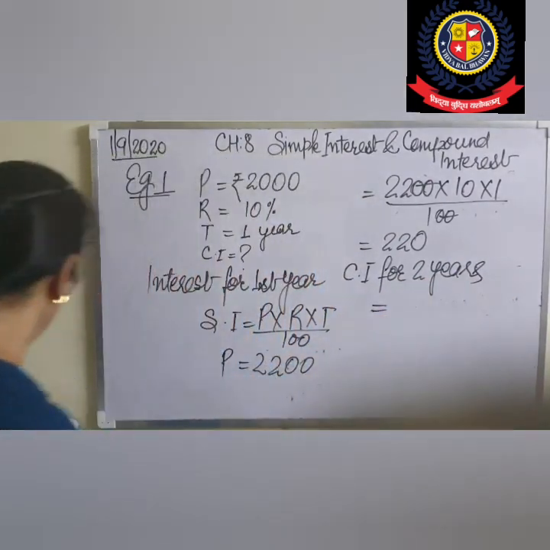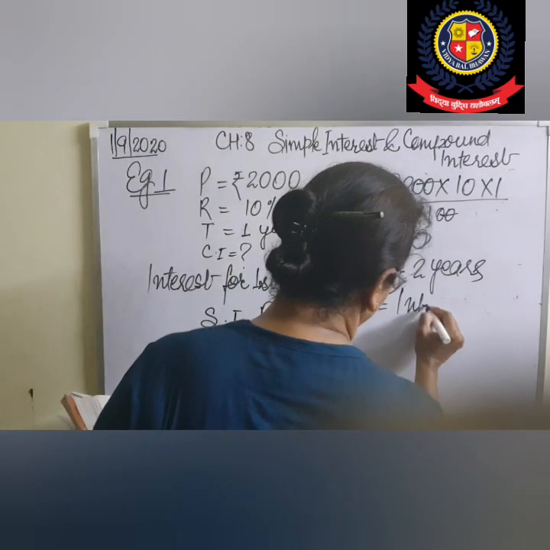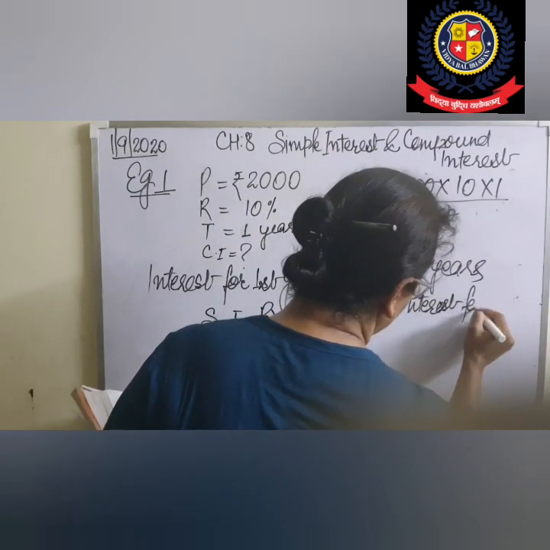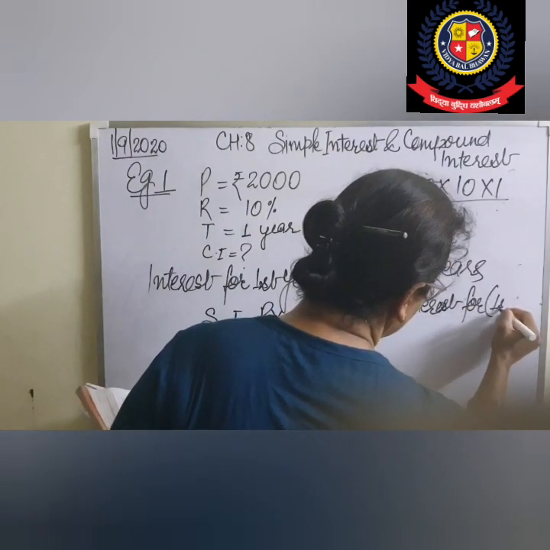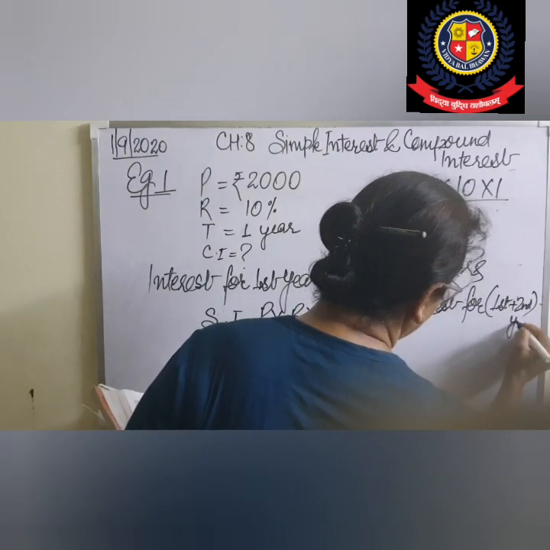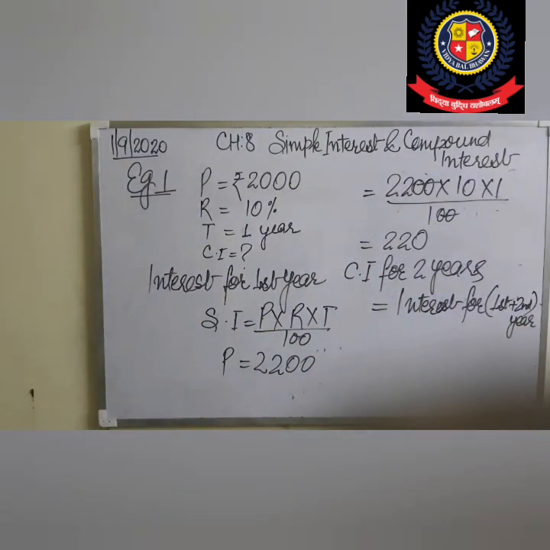Compound interest for 2 years is equal to interest for first year plus second year. Right? What is the first year interest? That is 200 rupees.